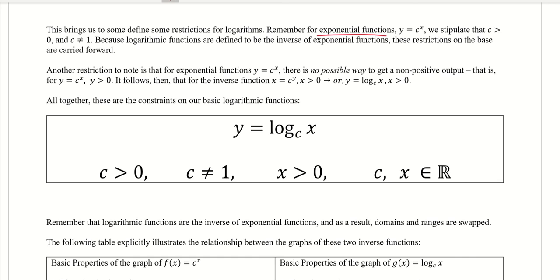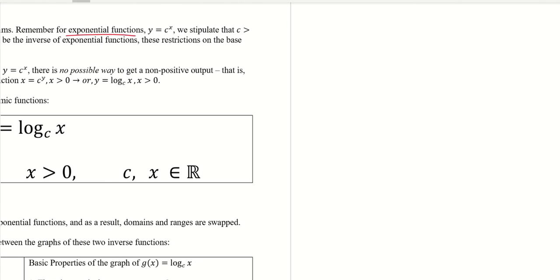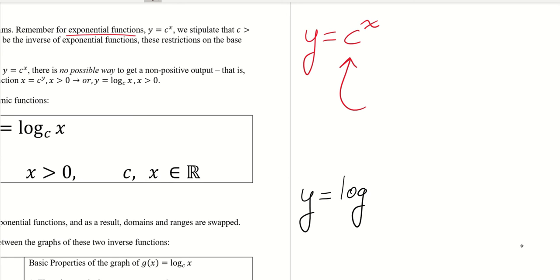For exponential functions, we have y equals some constant to the power x, and we have some restrictions on this base c. As a result, in the inverse function, y equals log base c of x, we're also going to see some restrictions for this particular base for our logarithmic functions as well.